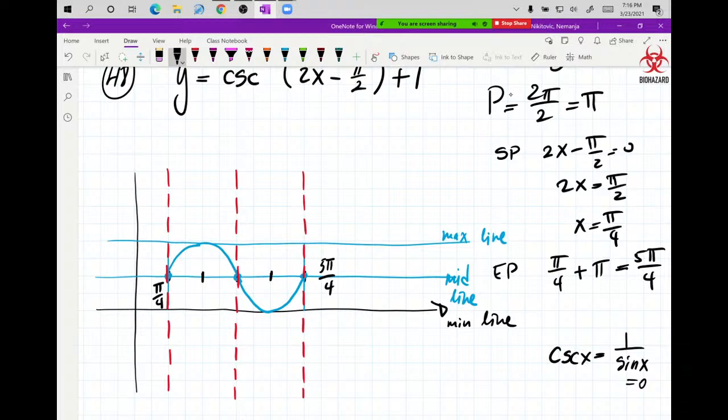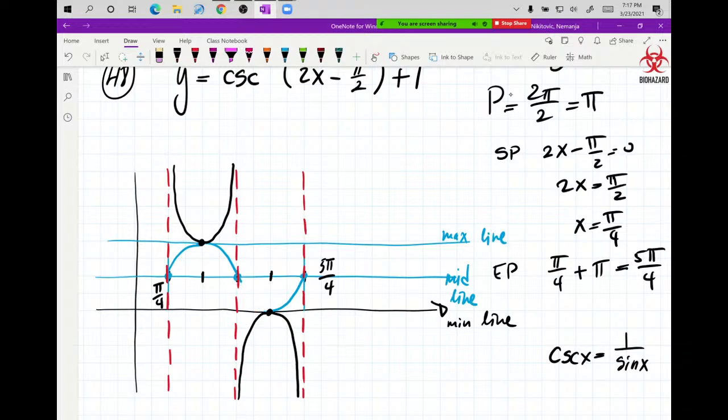So all I need to do now, guys, all I did is I graphed sine. These are all the same steps that we did for graphing sine. Now, the step where this sine becomes a cosecant is where I go to the max and to the min, and I draw these.